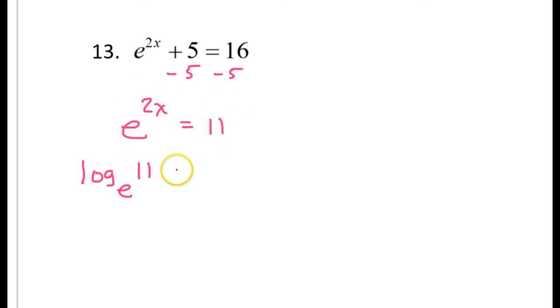So I'd have log base e of 11 is equal to 2x. But we don't write log base e. Instead, we write natural log, without the base e showing. It's understood. So natural log 11 is equal to 2x. And then, of course, to get x by itself, we will need to divide both sides by 2.